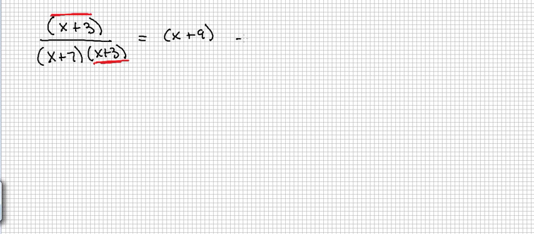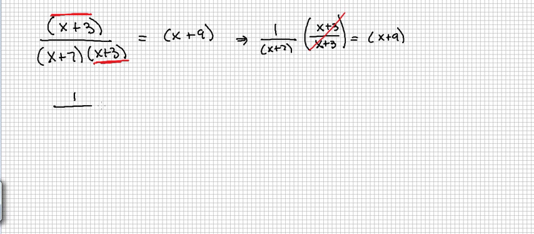We can break this up into 1 over x plus 7. This will go to x plus 3 over x plus 3. But what is that? Well, that's just 1. So since this is just 1, we'll have 1 over x plus 7 is equal to x plus 9.